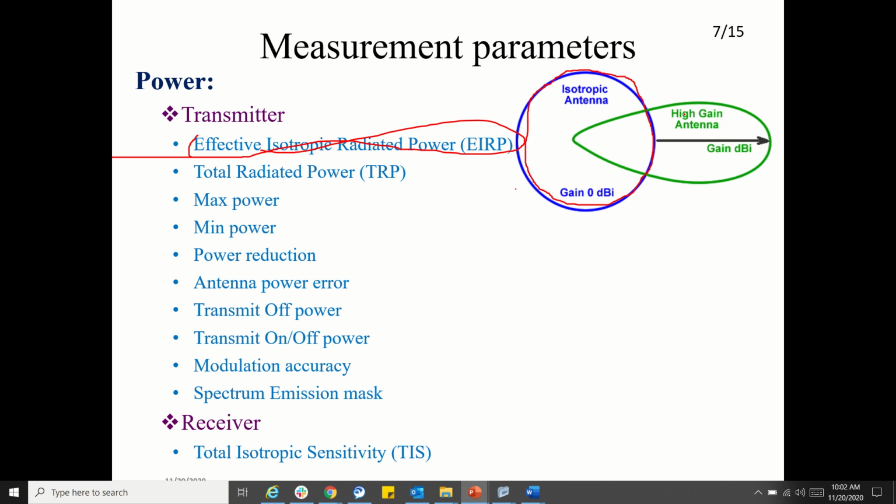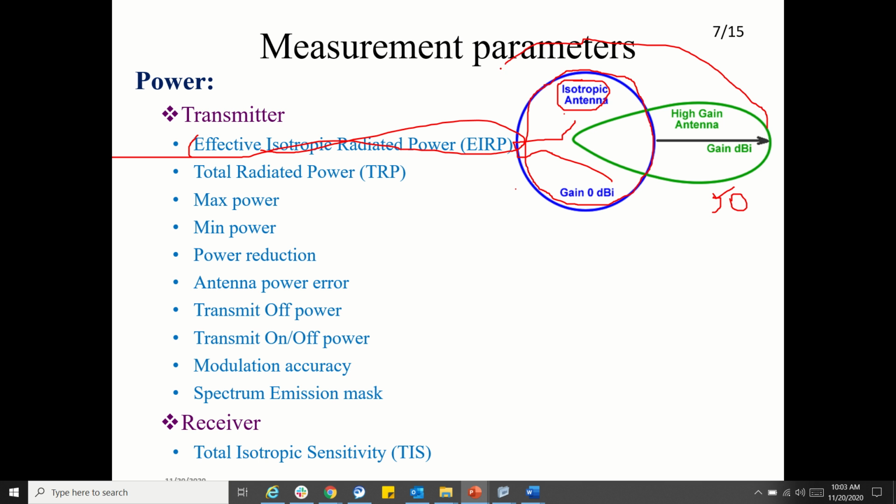You have, for example, a horn antenna radiating like this, with a gain of, for example, 10 dB. Effective isotropic radiated power means: if I supply input power, what power should be supplied to the isotropic antenna in order to get the pattern like this?